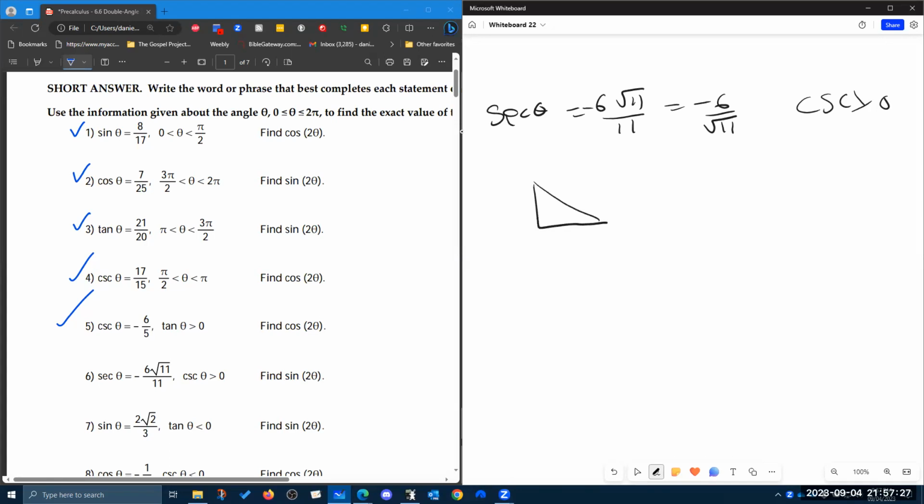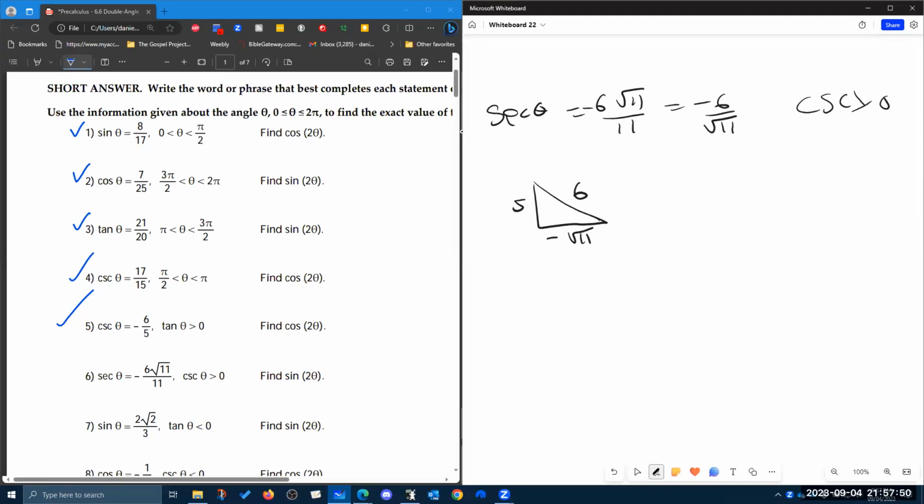We're in quadrant 2, and we have secant is negative root 11, 6. 36 minus 11 is 25.